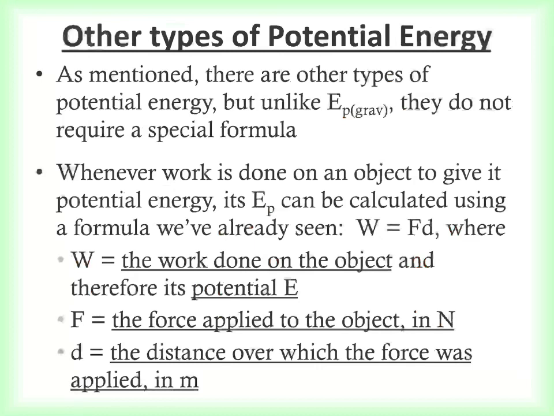Work is done, it gains potential energy. And that can just be calculated using the formula we've seen, that work is equal to force times displacement, because again, we know work is equal to the change in energy. So we can always also calculate energy just by using the work formula. Okay, so work done on an object means it's giving it potential energy.